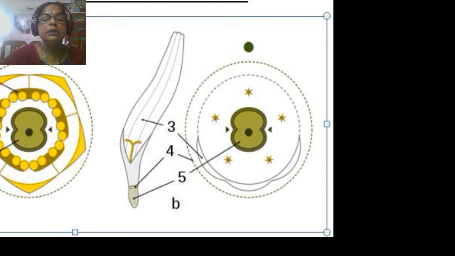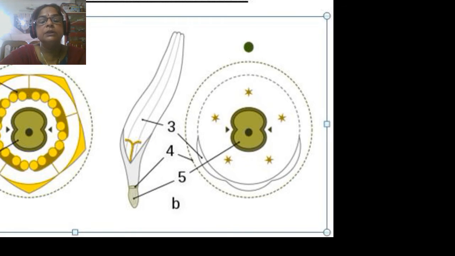And in ray floret, which is ligulate, that is strap-like structure, only the ovary is present. On the outer side you will find the pappus. After pappus, you will see the corolla. This corolla on one side forms the ligule-like structure which is yellow in color.